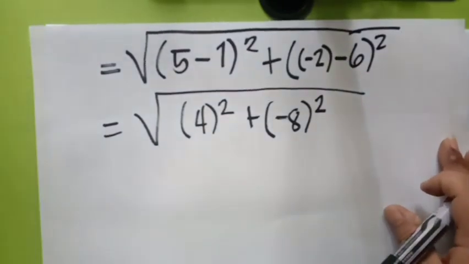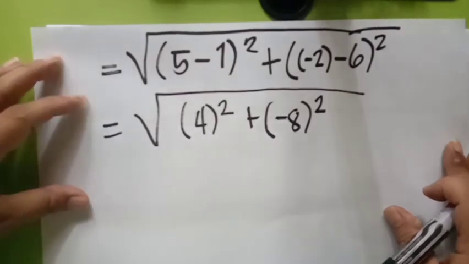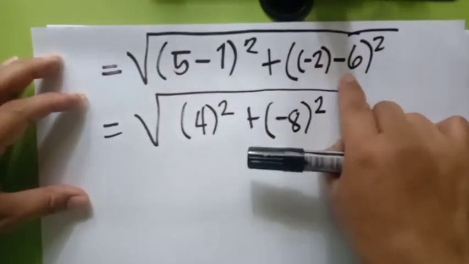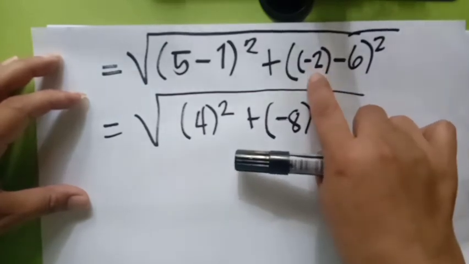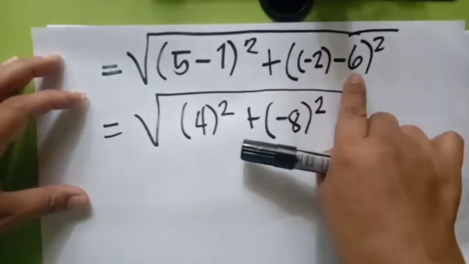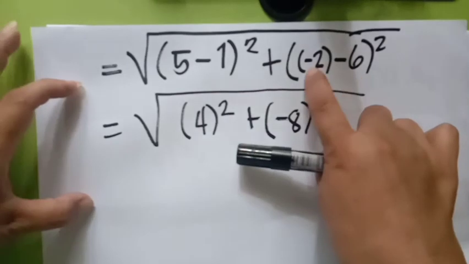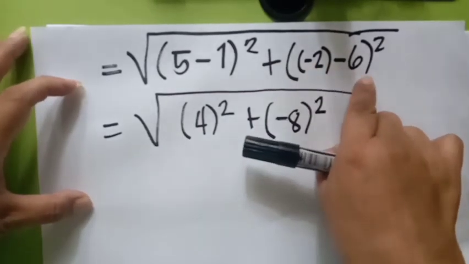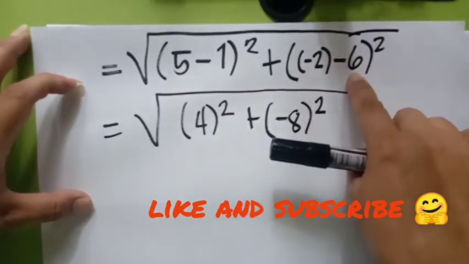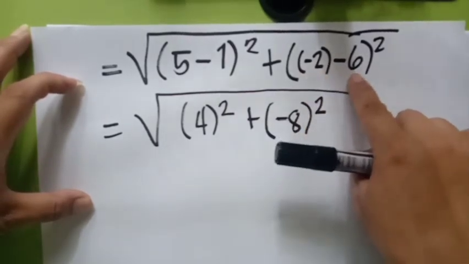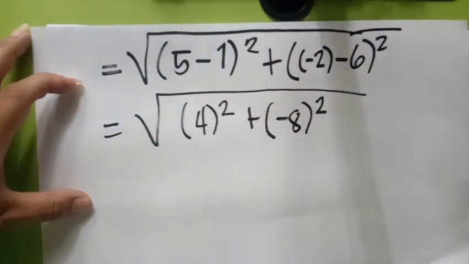Pag sinabi nating signed numbers, yung positive and negative, kapag nagsusubtract kayo ng negative and positive, katulad nito, negative 2 minus positive 6, magiging negative 2 plus negative 6 yan. Kaya, naging negative 8. Kapag dalawang magkasunod na negative, ipina-plus. So, negative 2 minus 6 is negative 8.